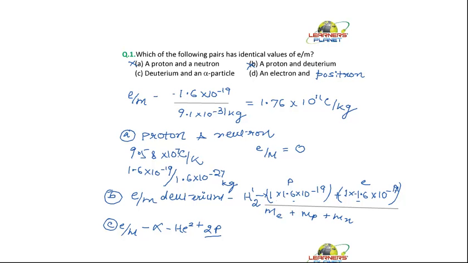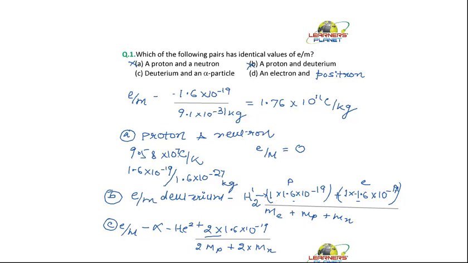What is the total charge? Charge will be 2 into the charge on protons, that is 1.6 into 10 to the power minus 19, and that has to be divided by 2 into mass of proton plus 2 into mass of neutron, right?